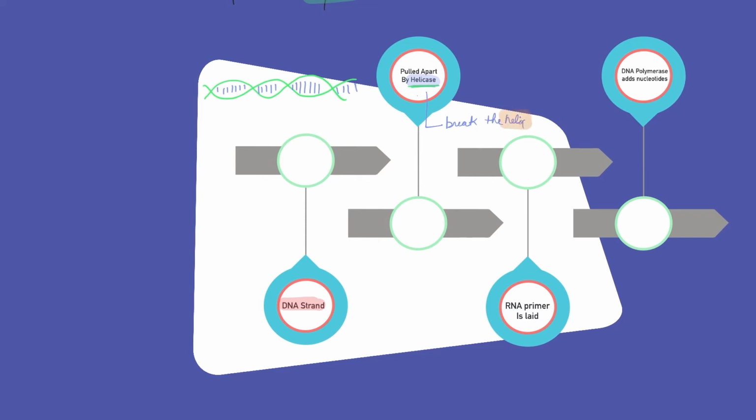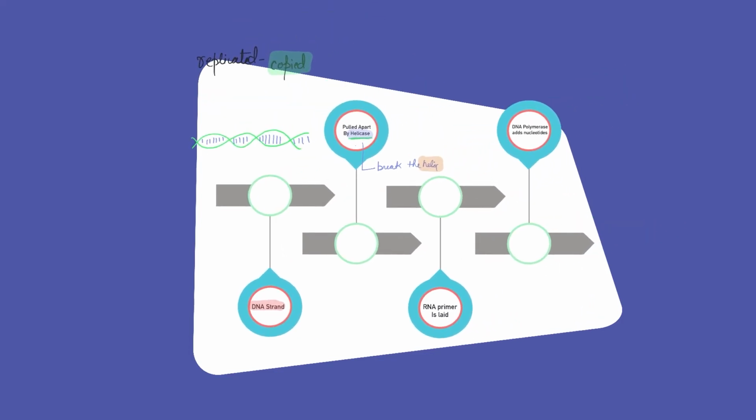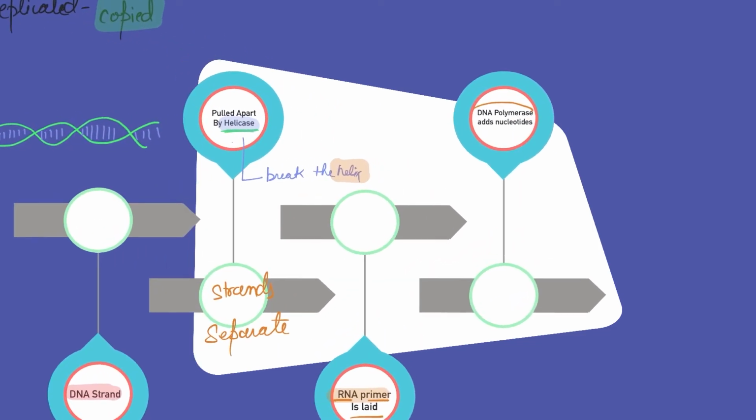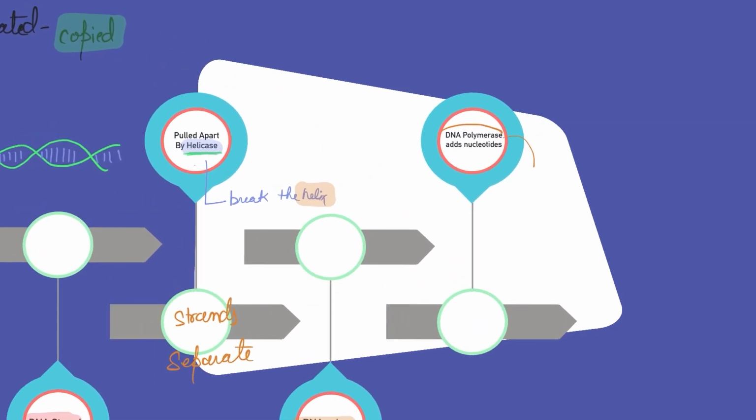So when the helix is pulled apart, our DNA strands separate, and because they are separated, now the RNA primer can be laid down, and using the RNA primer, the special enzyme DNA polymerase can start acting and add new nucleotides.